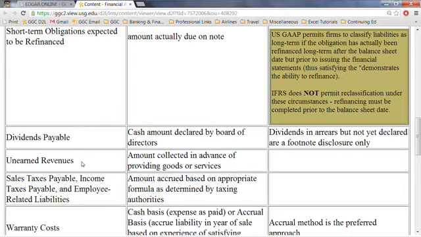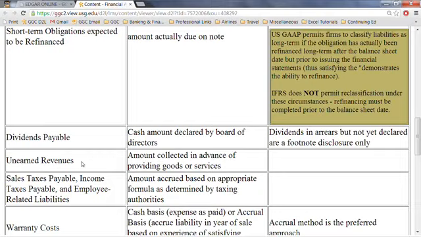Well, the cash that's collected is not yet revenue. The attorney has an obligation to either return the cash to you or to provide the services that he or she agreed to do. In either way, the cash that's collected immediately is going to be classified as unearned revenues.